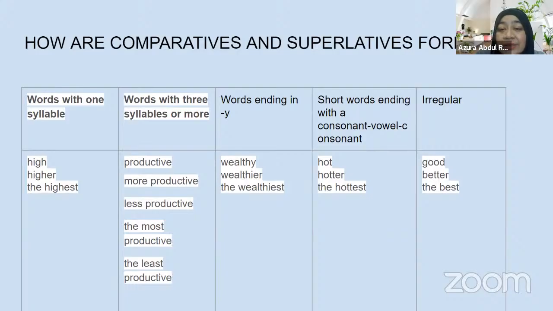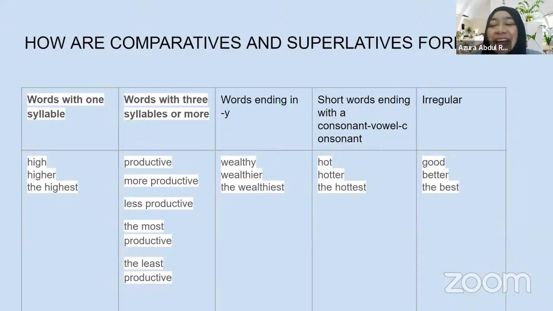This is if it ends in Y. Can someone tell me of any other words that end with Y? Happy. Happy, yes. And then what is the happier? Yes, happiest. Is that Anis? Yes, I recognize your voice. Happy, happier, happiest, healthy, healthier, healthiest.